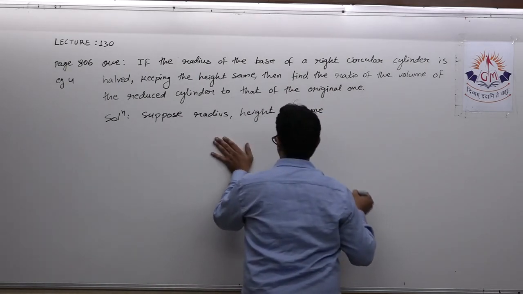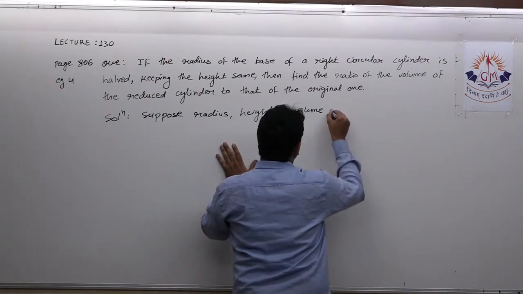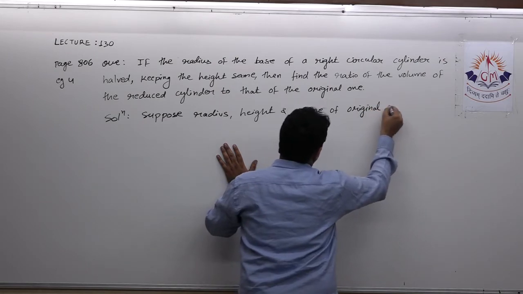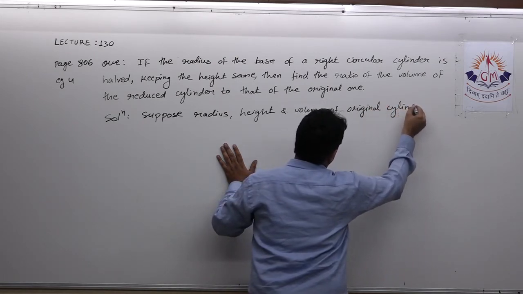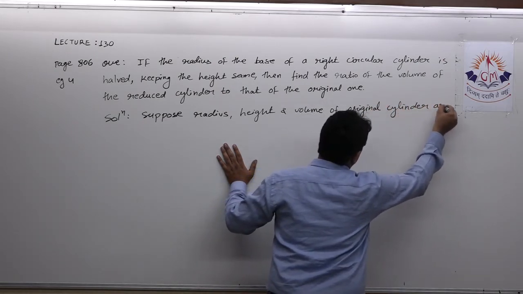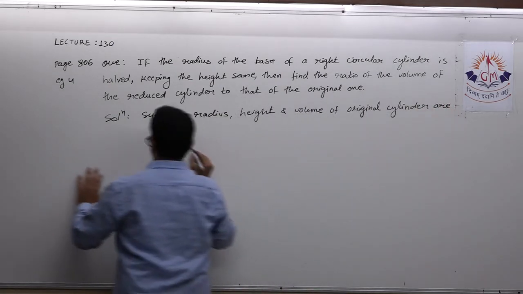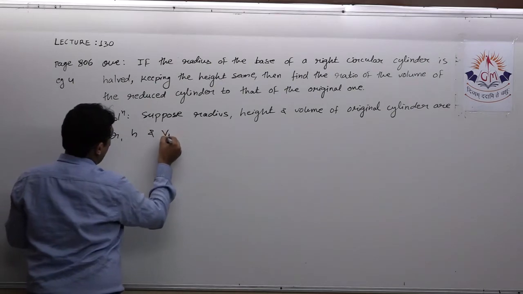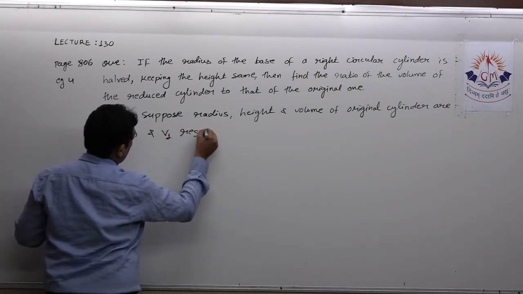So suppose radius, height and volume of the original cylinder are r, h and V1 respectively.